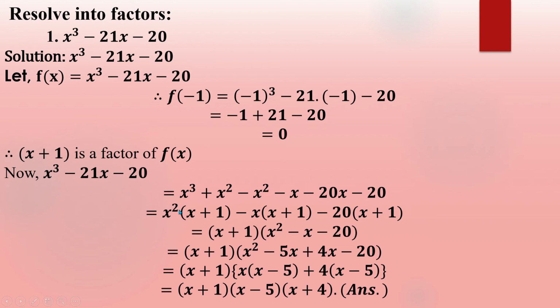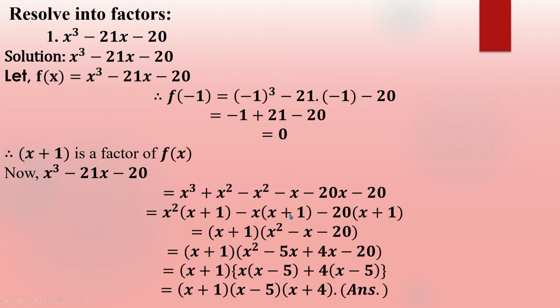Now multiplying, x square into x means x cube, x square into 1 means plus x square, but here x square is absent, so we have to vanish this. As a result, we have to take minus x square.